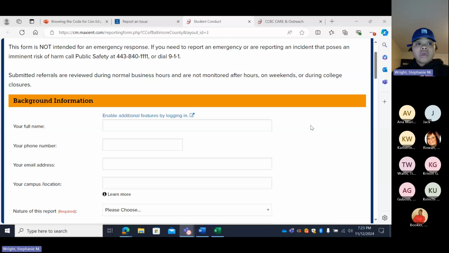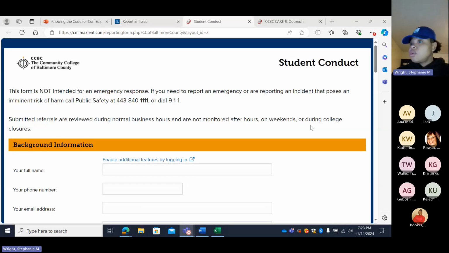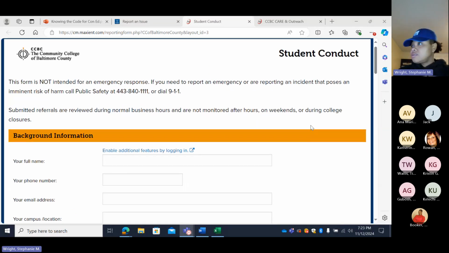Perfect. Okay. So right now, you all should be seeing the student conduct form. We talked about some of the different things that you might encounter that are related to student conduct, and we also talked a little bit about the care and outreach. So I'm going to show you both forms.